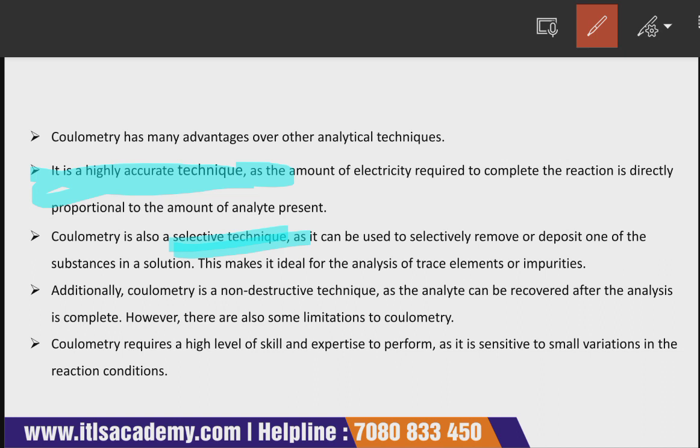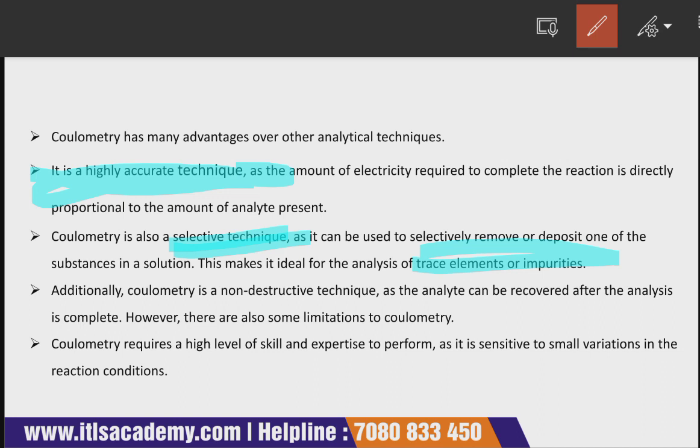Because of this selective nature, this technique is ideal for the analysis of trace elements or impurities. So apart from being highly accurate, it is a very selective technique.